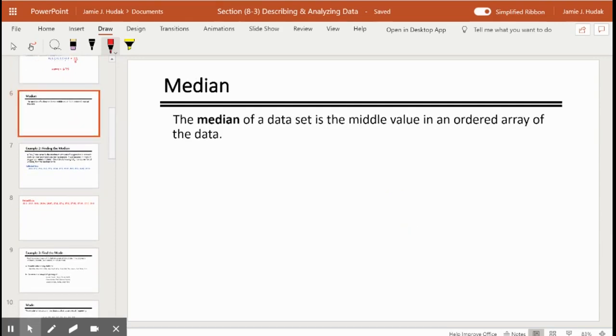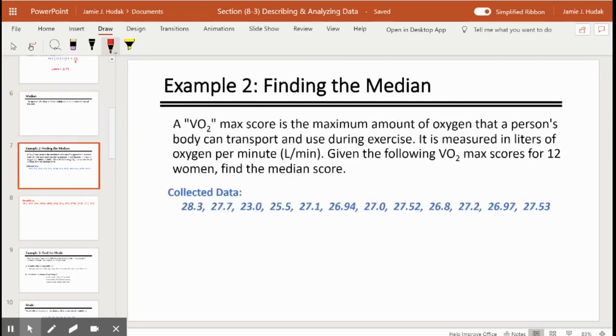The median of a data set is the middle value in an ordered array of the data. So in this example, it says that the VO2 max score, which is the volume of oxygen max score, is the amount of oxygen that a person's body can transport and use during exercise. It is measured in liters of oxygen per minute.